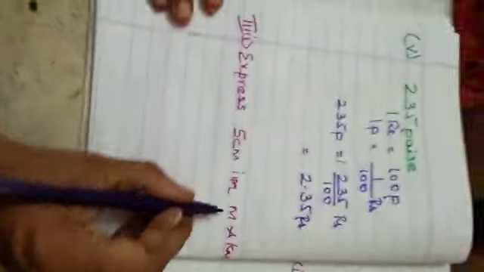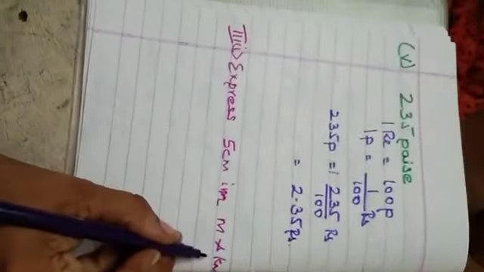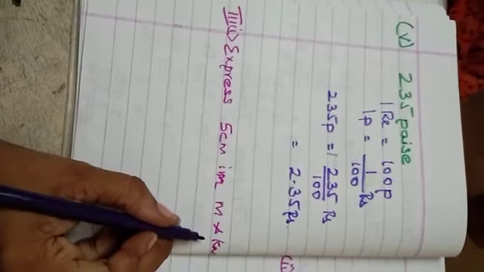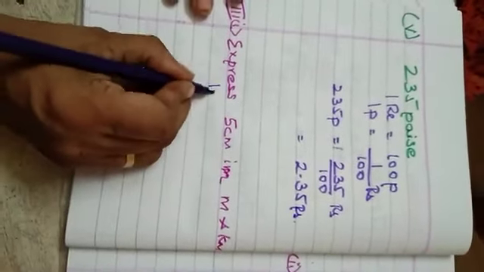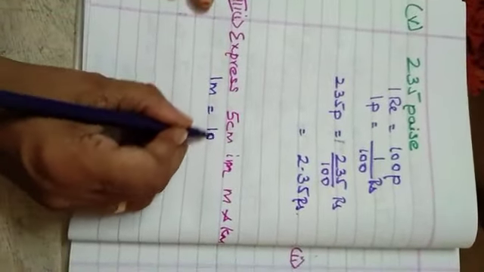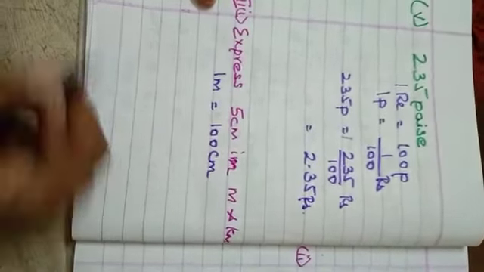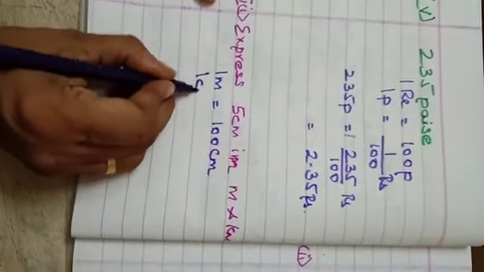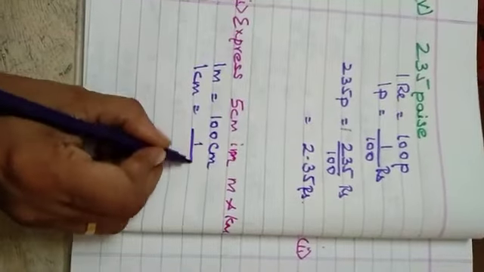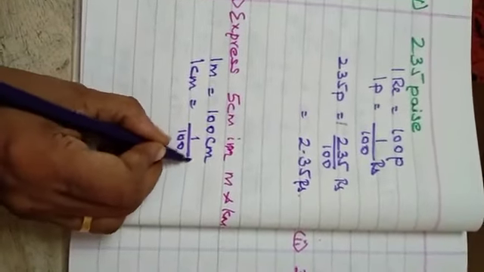Now coming to the sum, express 5 centimeter in meter and kilometer. All of you should know, 1 meter is equal to how many centimeter? 100 centimeter. Now 1 centimeter is equal to how many meter? 1 by 100 meter.